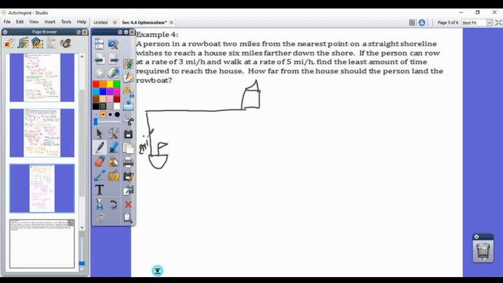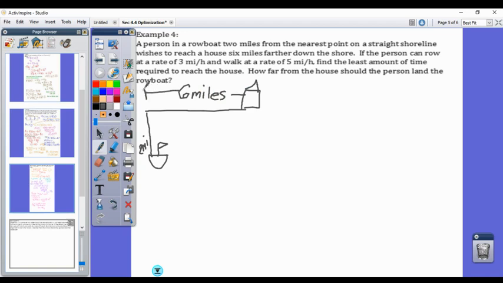The distance along the shoreline from the point directly across to the house is going to be 6 miles. Okay, so that's from here to here.